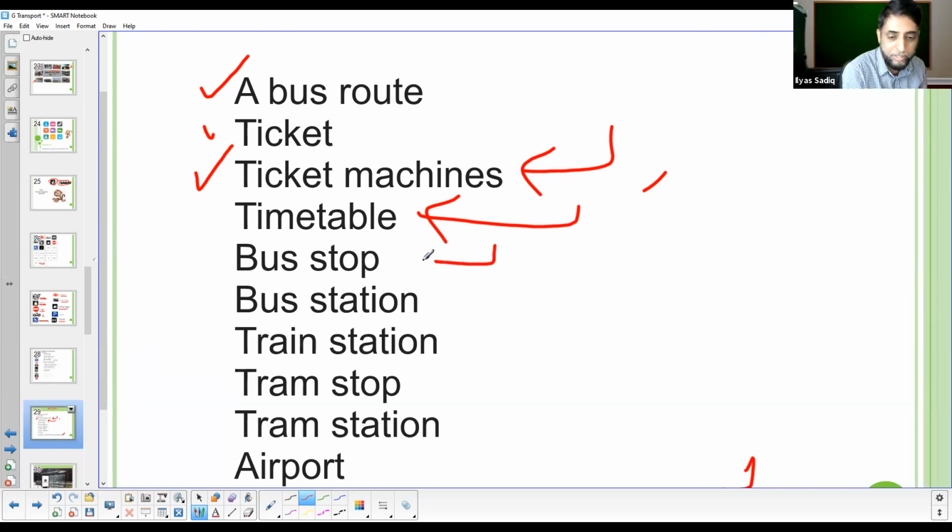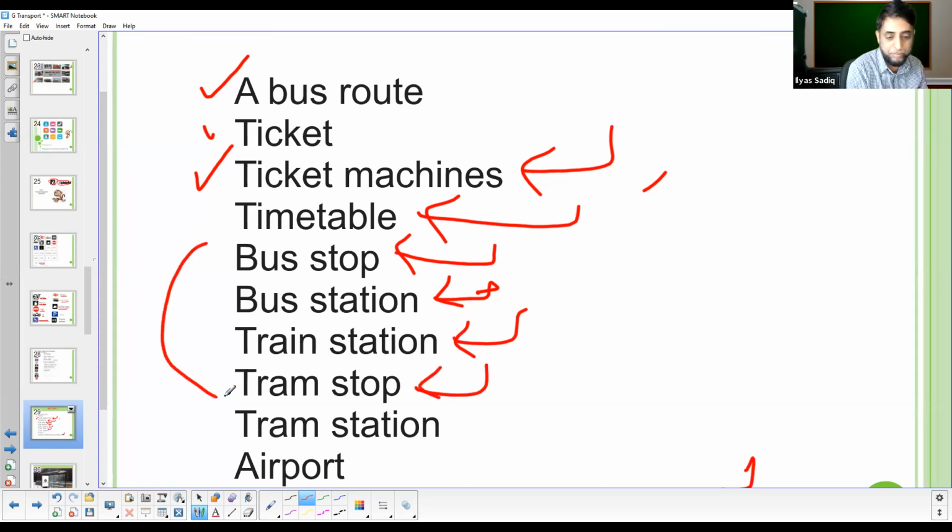Okay, you know bus stop, of course, where you get onto the bus. A bus station is where many buses are standing and going in different directions. Train station, there you get on and off the train. Tram stop, you know, is different from the bus stop.